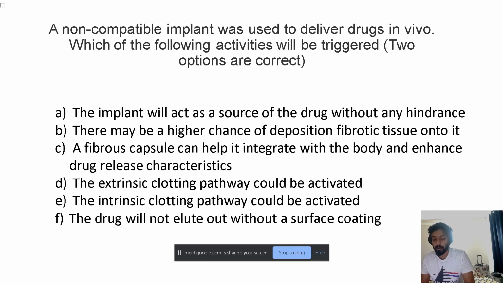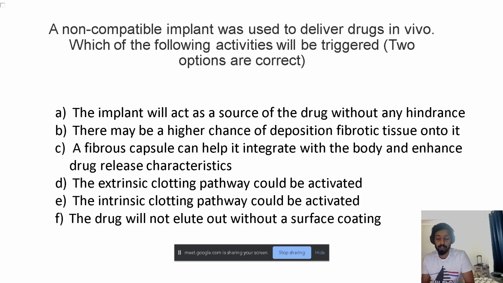Between these two, it seems more likely that the intrinsic clotting pathway could be activated, right? Because if you're putting in an implant, the clotting pathway is probably not because of tissue damage that you are causing, since the tissue damage would have already been there.